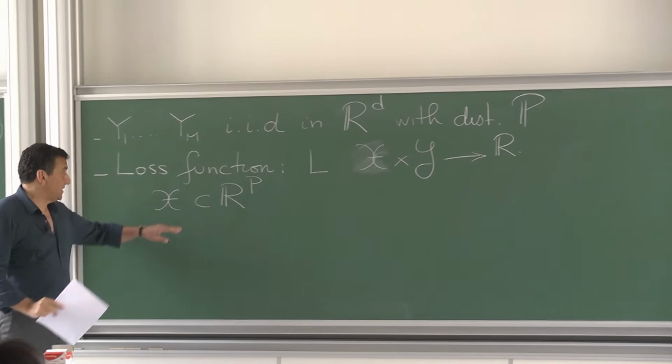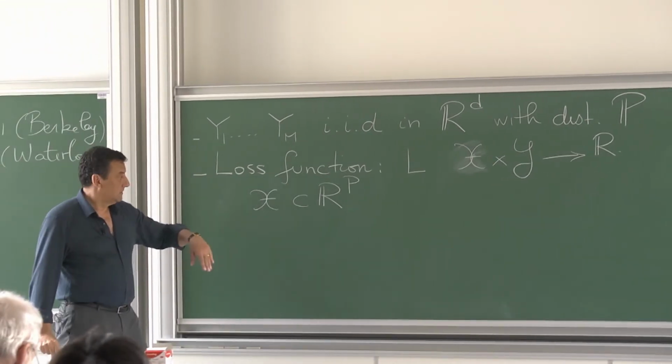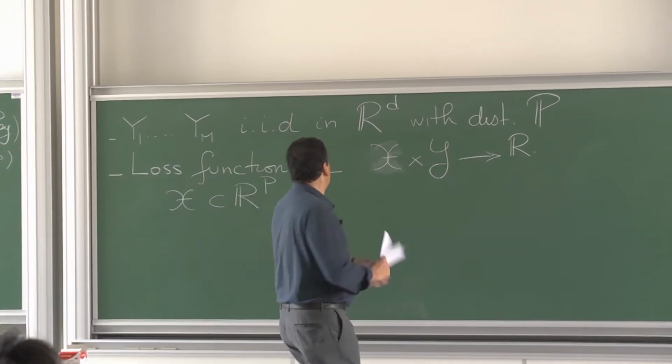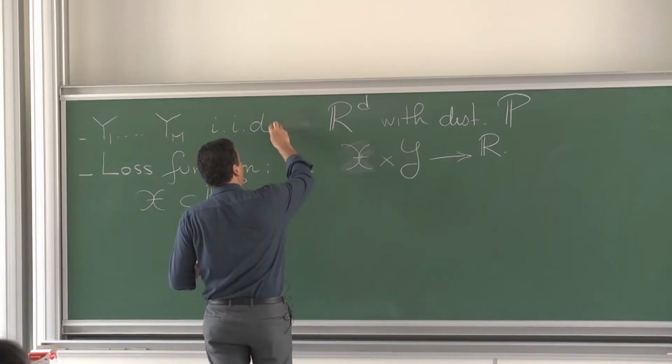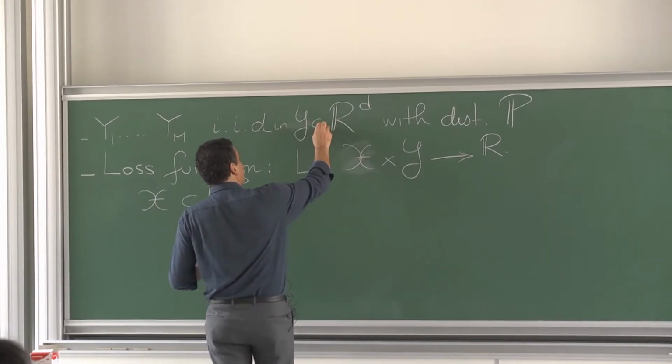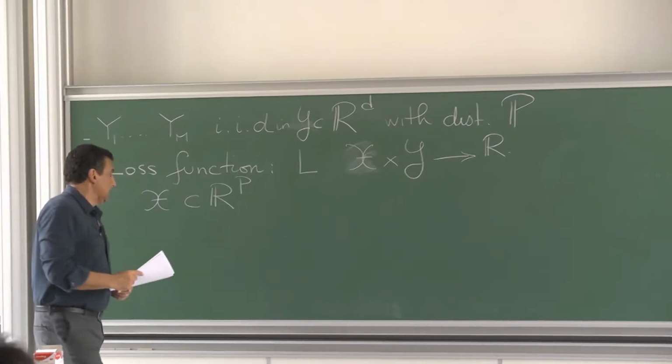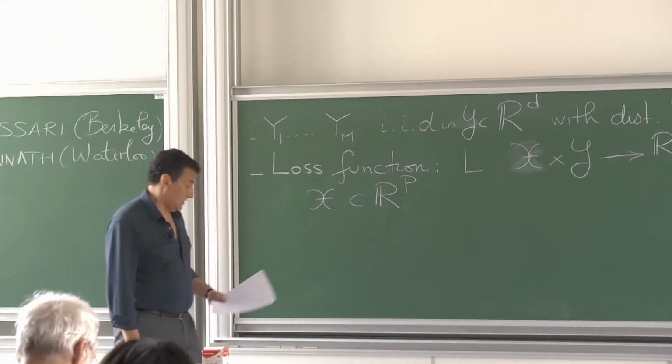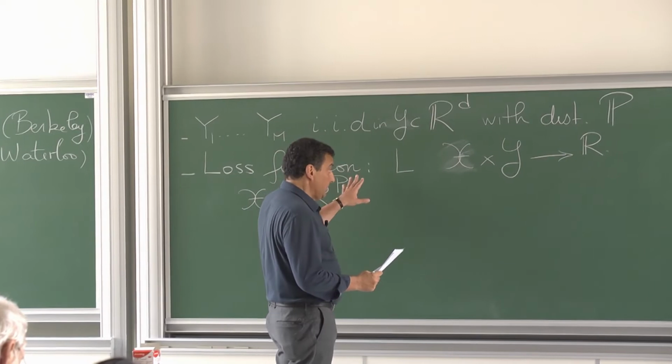So this is the space of parameters. This Y is, let's say, with values in a set Y, if we want. It doesn't have to be the whole of R^d, of course. And so this, of course, is our loss function.